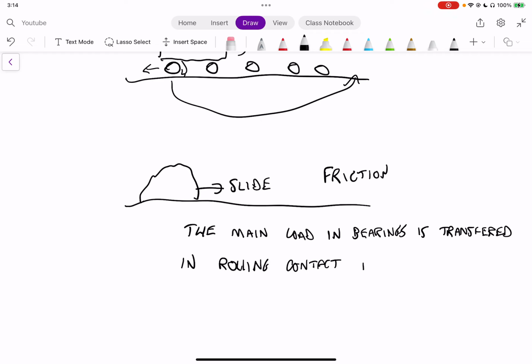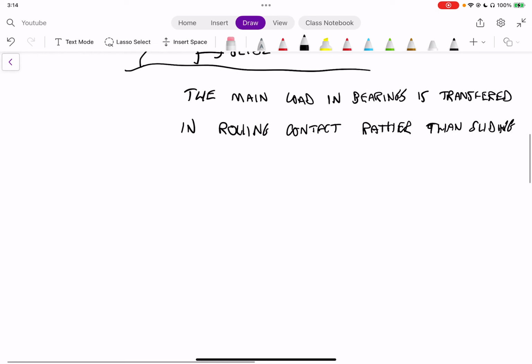And we can say that this is done rather than sliding. And this helps us a lot because the friction essentially goes down a lot as well. Okay, and we can say that there are 4 essential elements to the bearing that we need to know about. So there are 4 essential elements to an actual bearing.